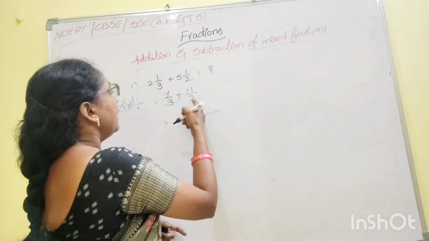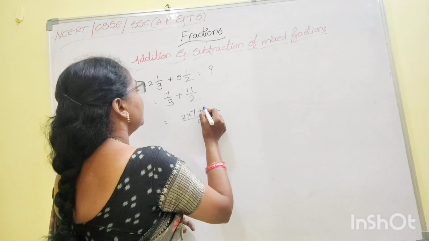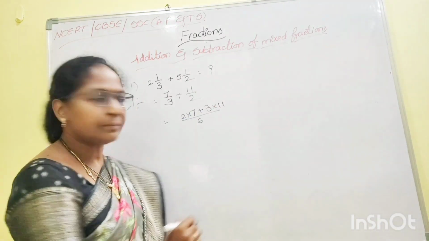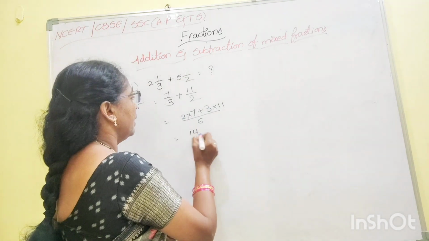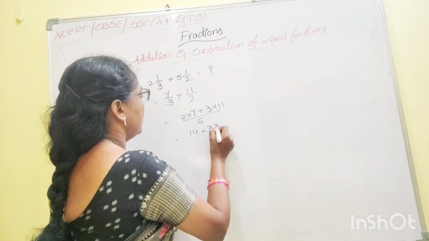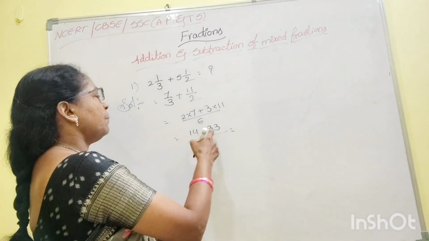Now plus, here 2 divides 6 how many times? 3 times. So 3 multiplied by the numerator value 11. Now 2 7s are 14 plus 3 11s are 33, divided by 6. Now add 14 plus 33.